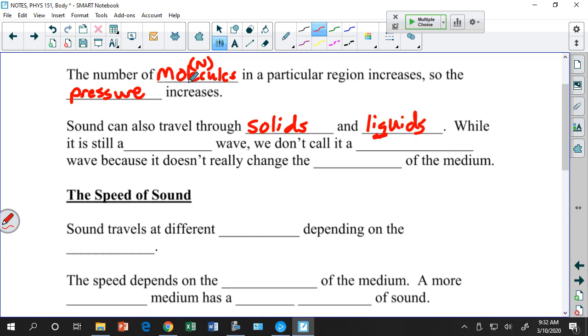While it is still a longitudinal wave, we don't call it a pressure wave, because it doesn't really change the pressure of the medium.